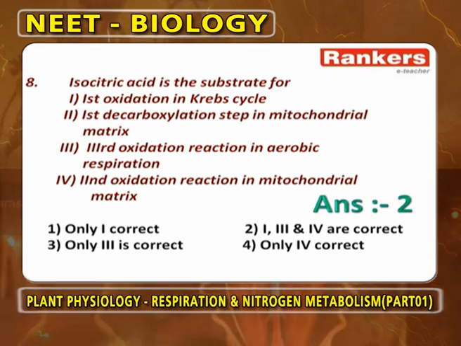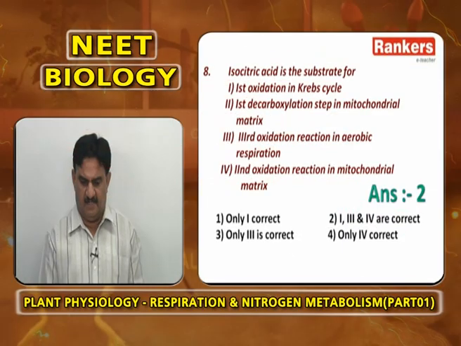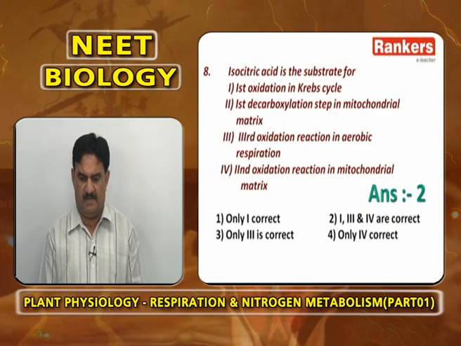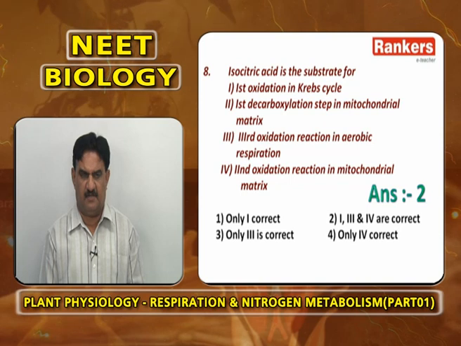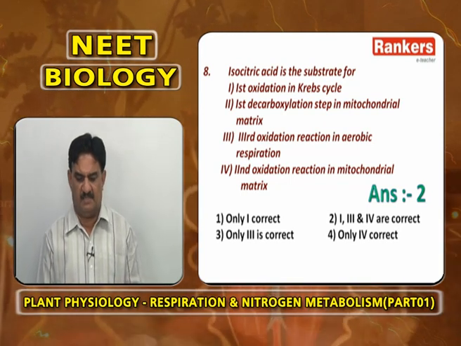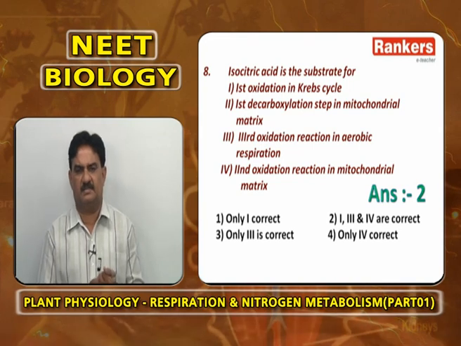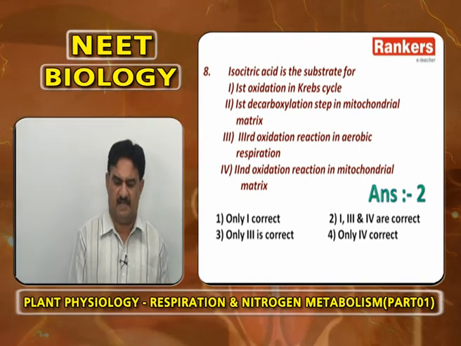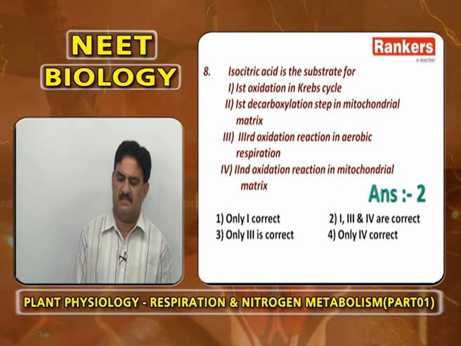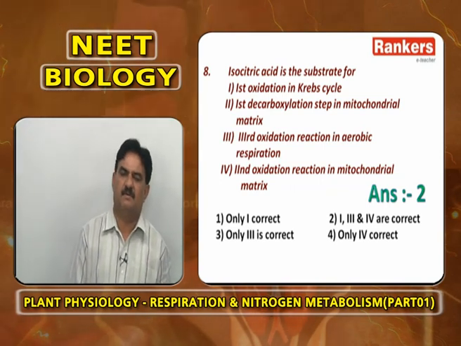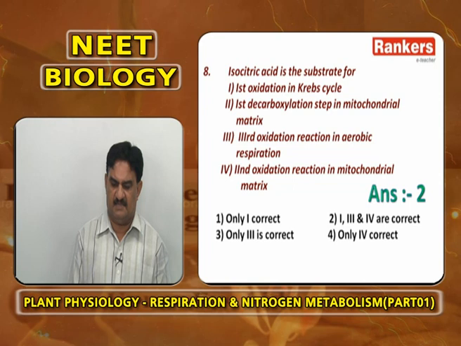Isocitric acid is the substrate for the first oxidation of Krebs cycle; first decarboxylation step in mitochondrial matrix; third oxidation reaction in aerobic respiration; second oxidation reaction in mitochondrial matrix. First oxidation in Krebs cycle is correct. Isocitric acid converts into oxalosuccinic acid. First decarboxylation step in mitochondrial matrix is wrong because oxalosuccinic acid is the answer for this.